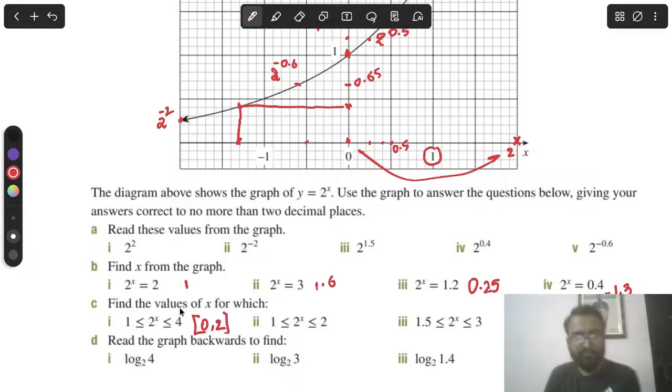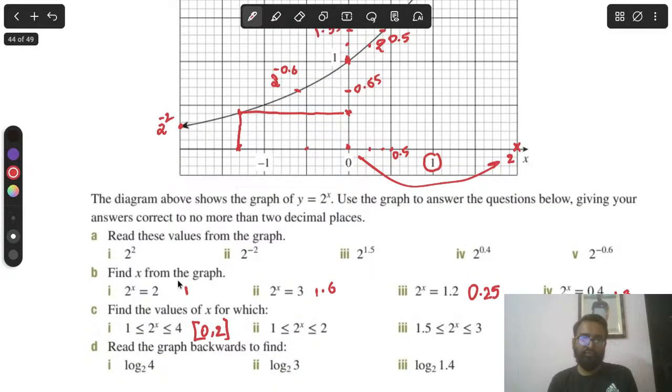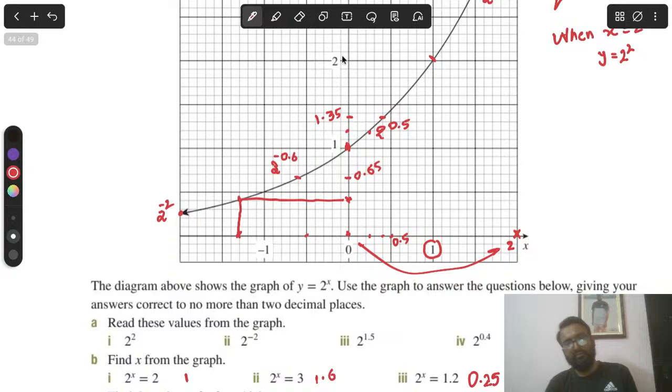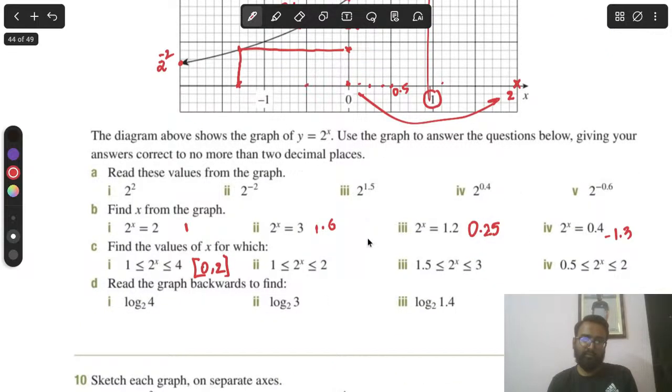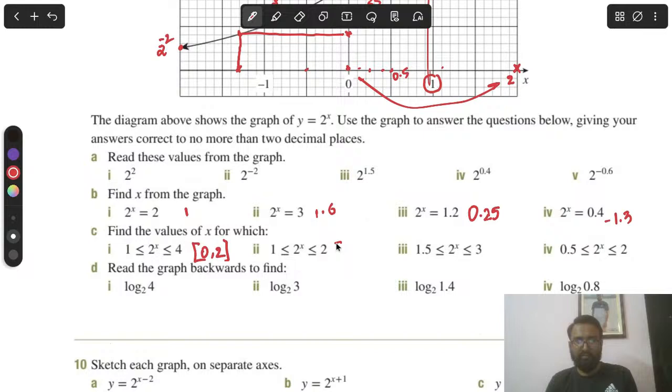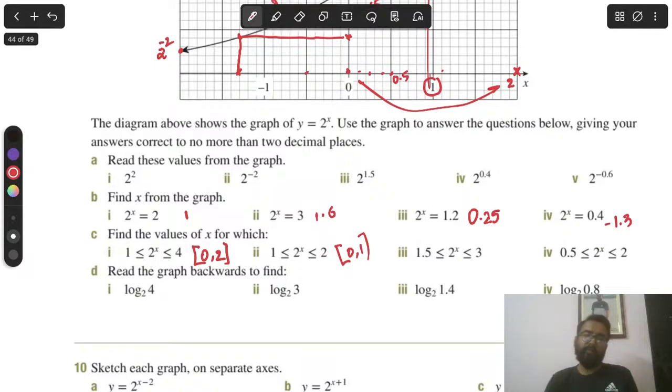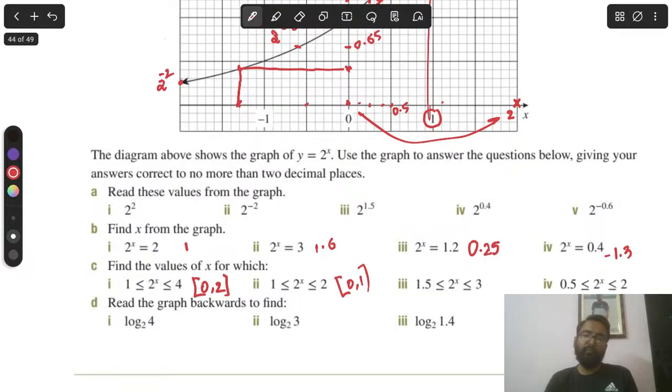Okay, and where 1 to 2, so this is a graph 2 up to here, it is 0 to 1. Okay, and where the values are lying between 1.5 to 3, please give me the answer.